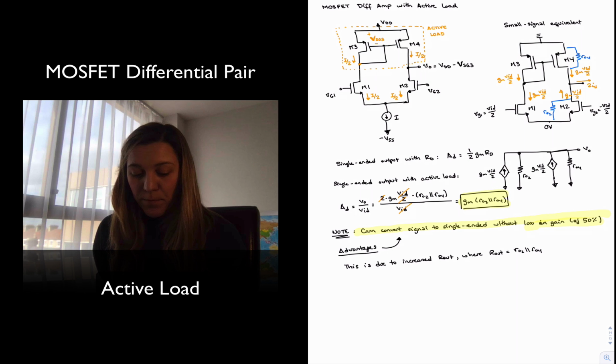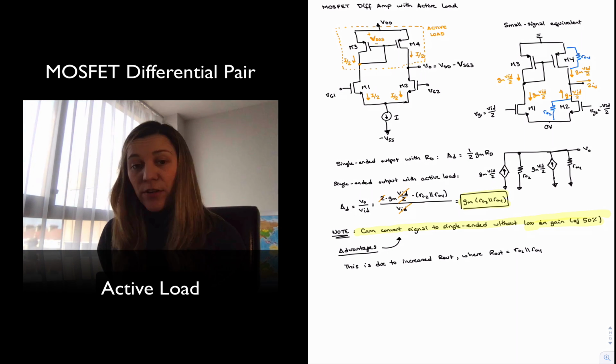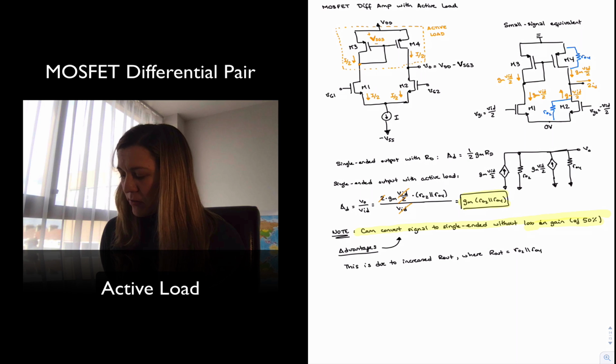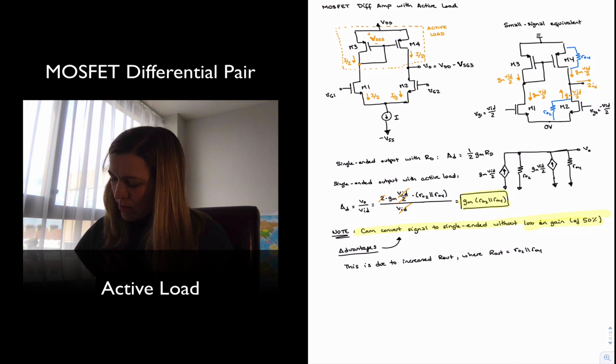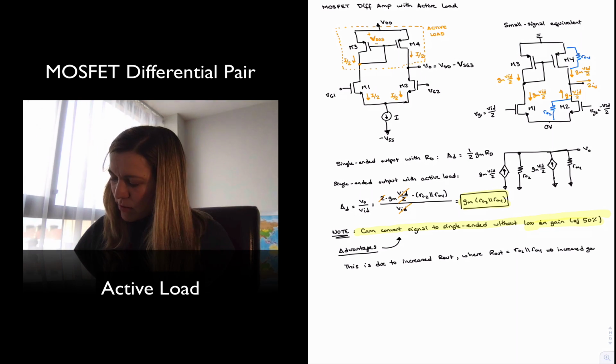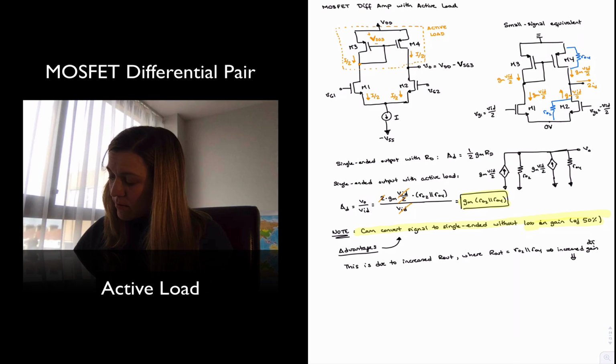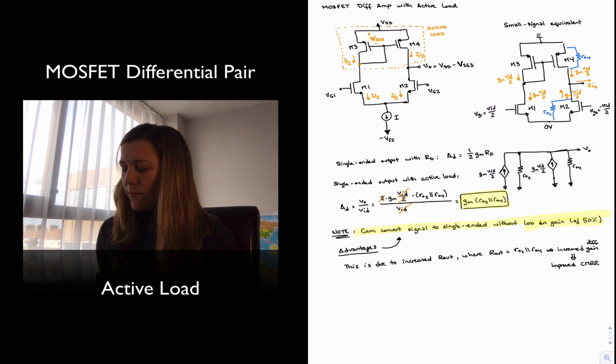Now, the higher Rout actually is going to give us an improvement in CMRR. So, higher Rout leads to increased gain, as we have mentioned, and that increased differential gain leads to an improved CMRR.